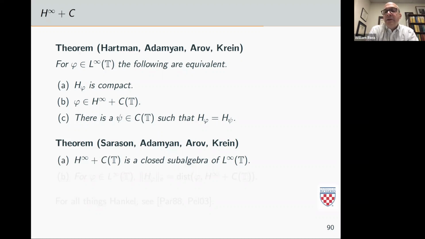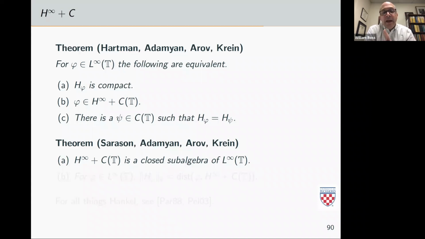Take an f in H infinity and a continuous function g, and take f plus g and square that. You FOIL that out and you get f squared plus 2fg plus g squared. F squared will certainly belong to H infinity. G squared will certainly belong to the continuous functions, but what happens to fg?